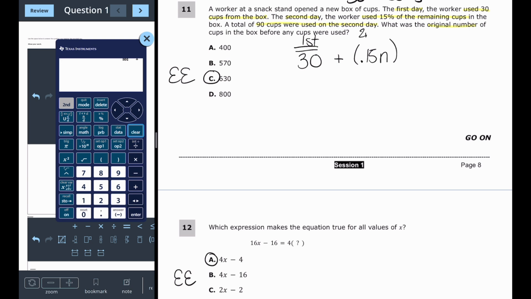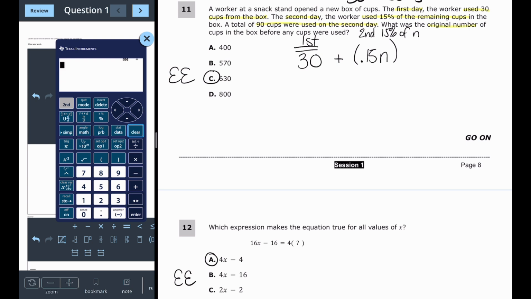So this is the second day, and this is 15% of whatever that number is. And we know that a total of 90 cups were used the second day. What was the original number of cups?